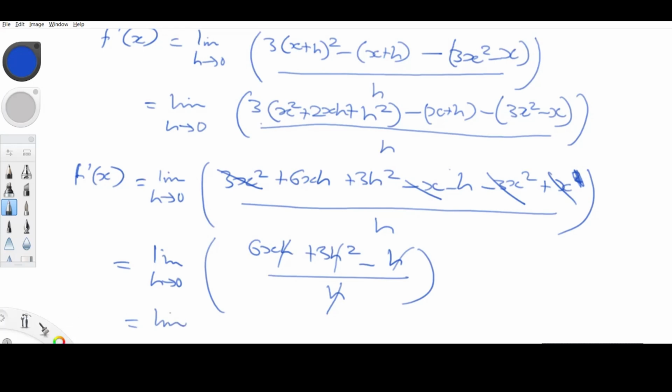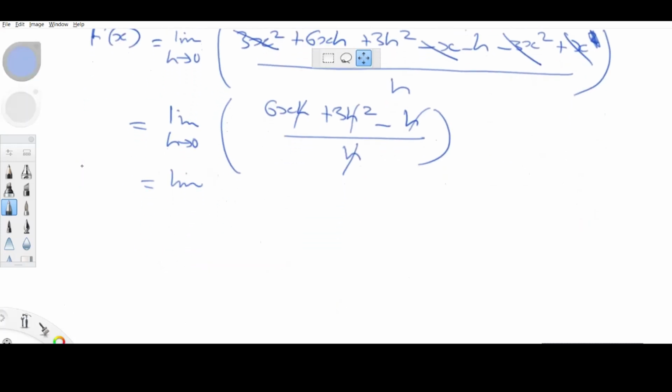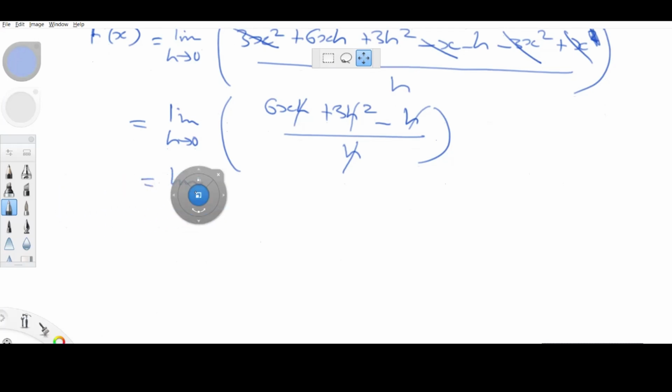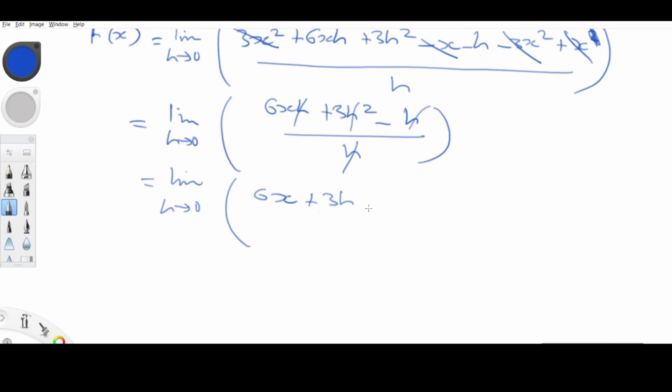Our derivative is the limit as h tends to 0 of, now h cancels h, so we have 6x plus 1h, h cancels 1h here, so we're left with 3h minus h cancels h, so minus 1, right?